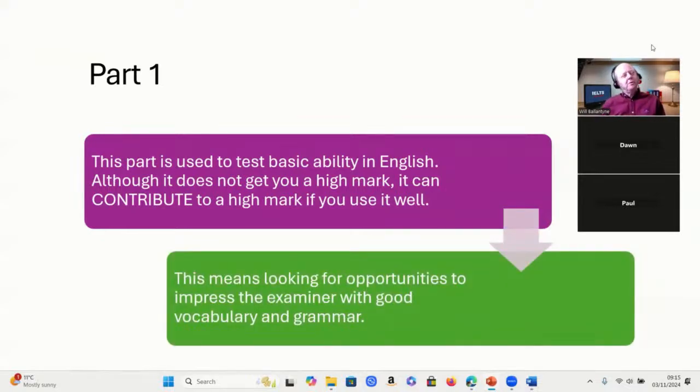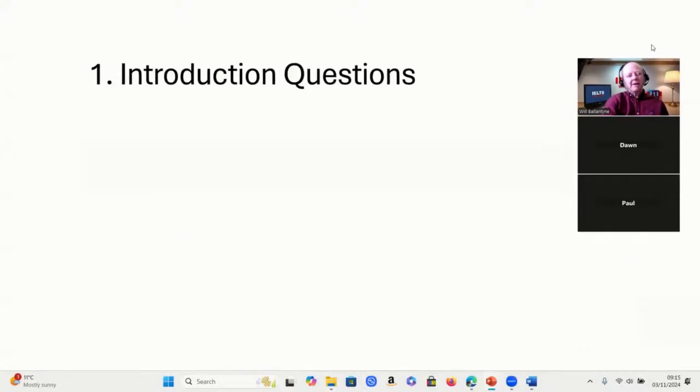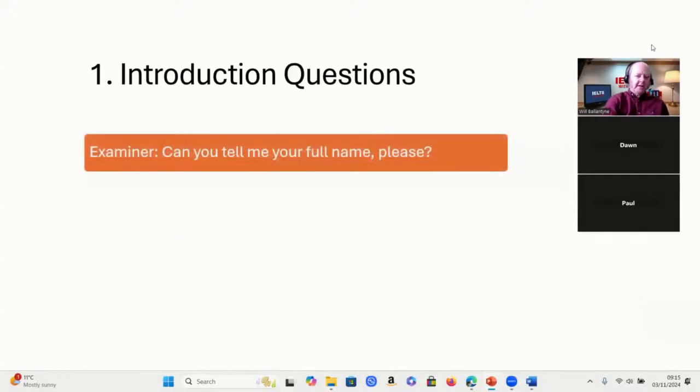So you look for opportunities in part 1. It's fairly simple, but you want to exploit this, you want to use this to your advantage. And that means particularly the vocabulary and grammar. So he can't ask you his own questions. So you think, can I put any good grammar or vocabulary in?